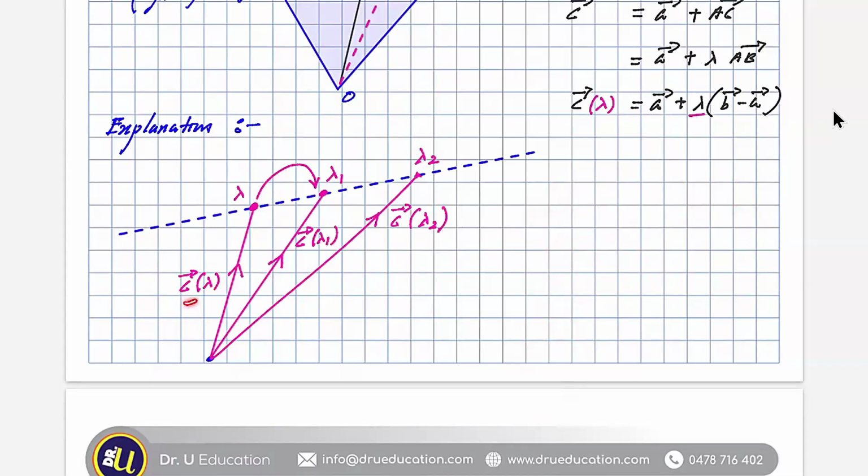So likewise, the same name is used when you change the inside piece. When you change the inside piece, the location is changing, the vector is changing.